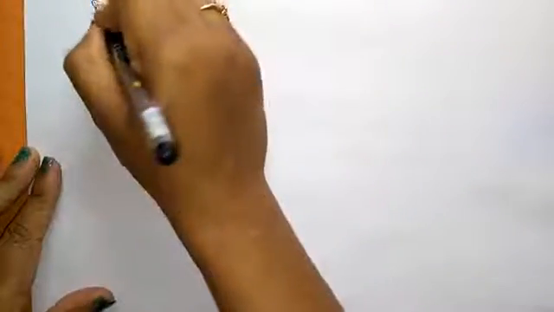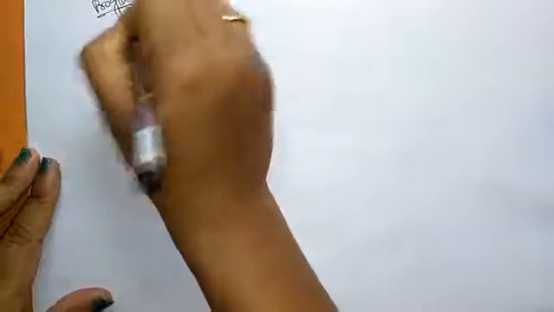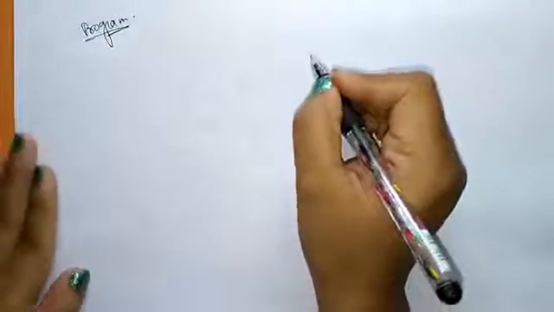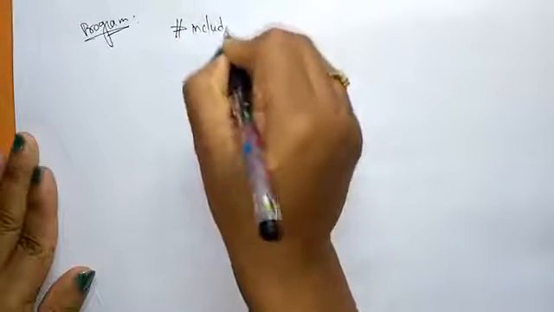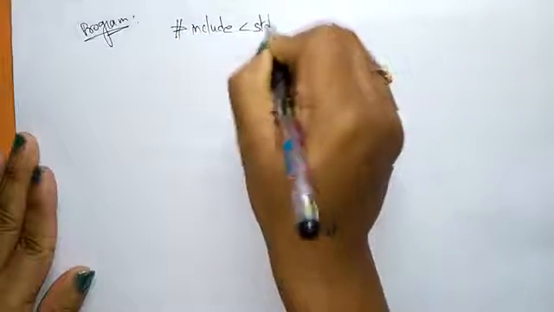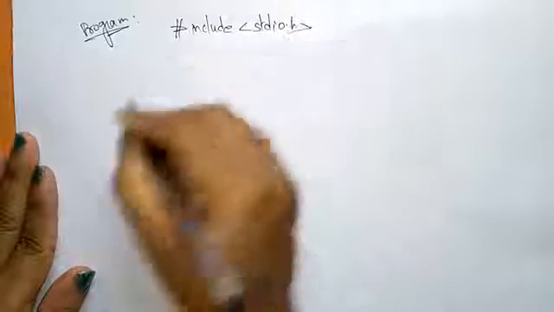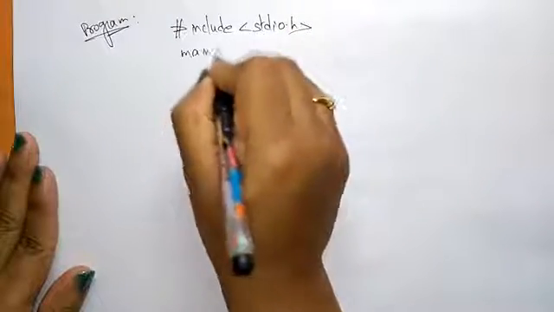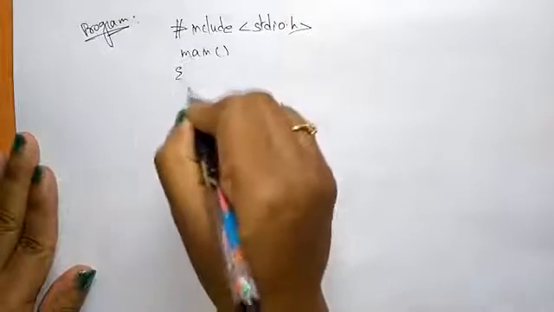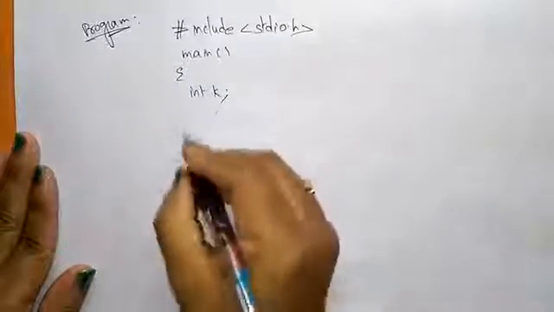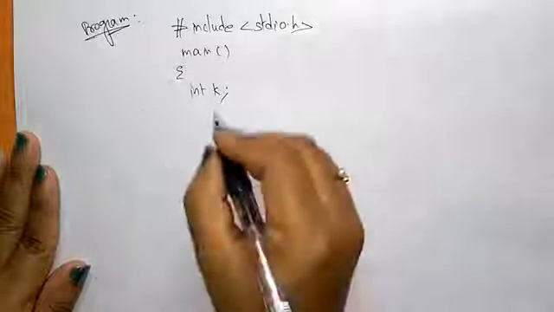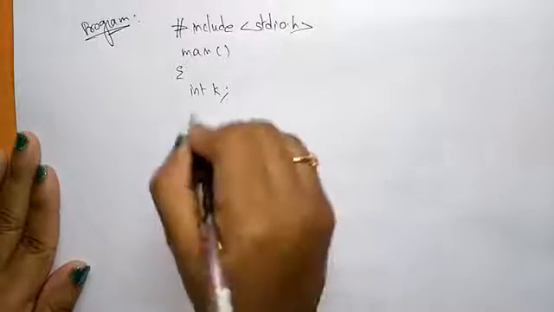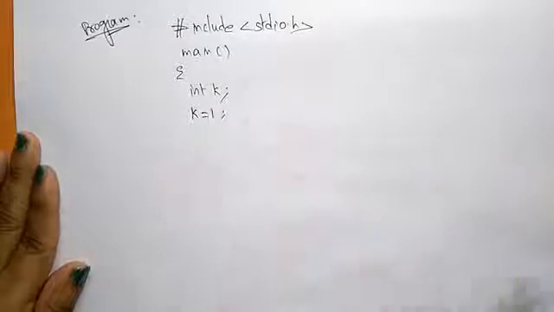The program for the while loop. First, #include <stdio.h>. Now writing the main program, main, declaring the value int k. As I said, for the while loop, first you have to initialize the value for the variable. k = 1, initialization.